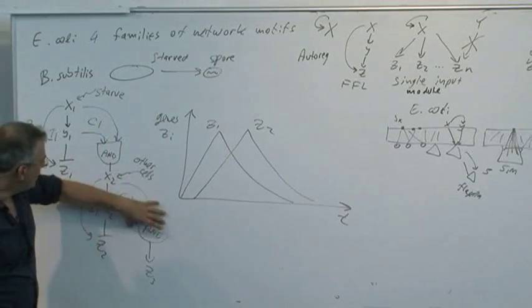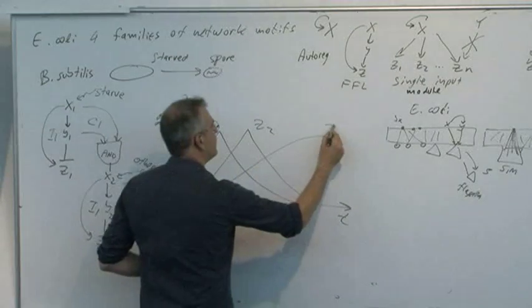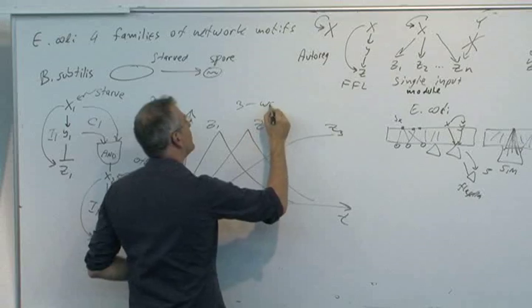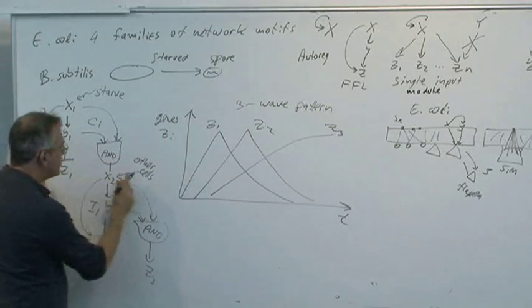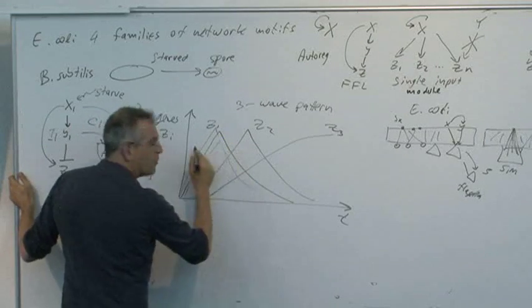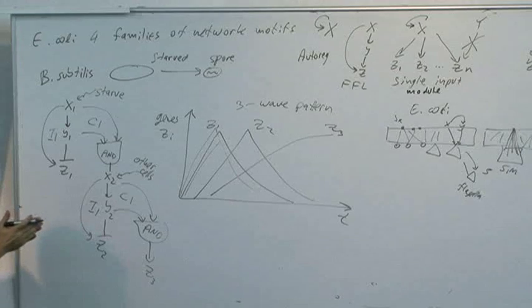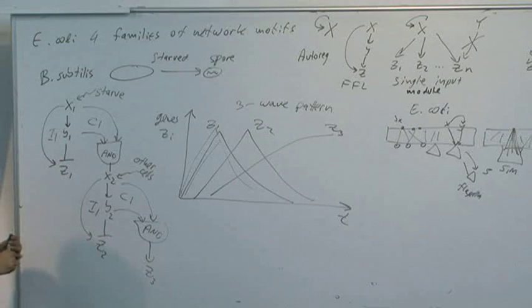And a final delay, based on this coherent feed-forward loop, generates the last wave. So it's a 3-wave pattern. These Z, I told you, are many genes. So with the different Ks, you can have different temporal orders inside each of these waves, like the single input module. Same idea.